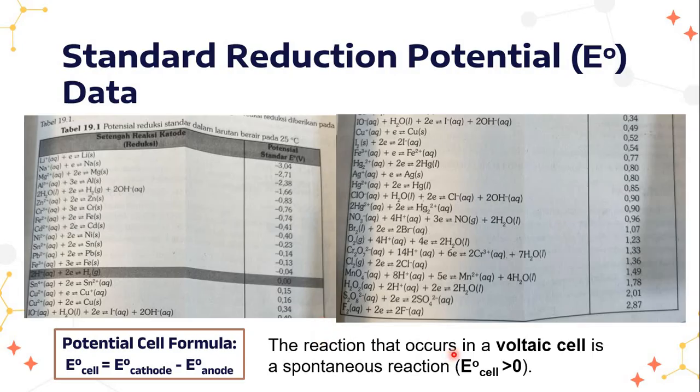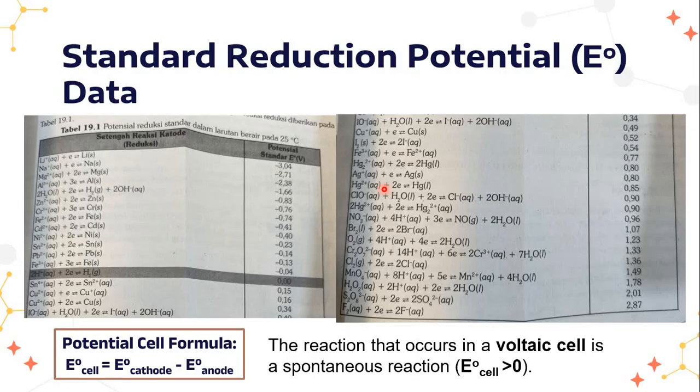The reaction that occurs in a voltaic cell is a spontaneous reaction, so the cell potential in a voltaic cell is always positive, above 0. If you calculate the cell potential, it must be a positive value.